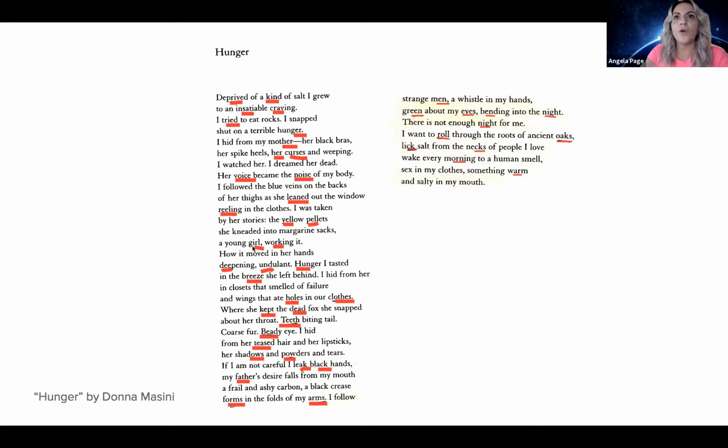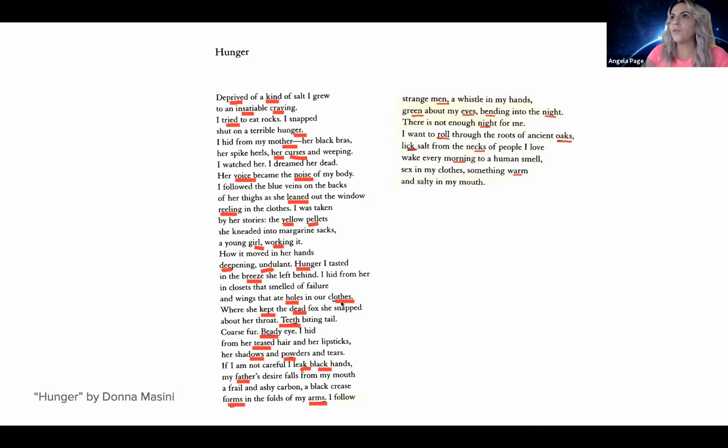Let's see, "girl" and "working," "were," they both have the IR and the OR sounds that are similar in there. "Deepening, breeze," these two are linked together, and then "undulant" and "hunger" are linked together.